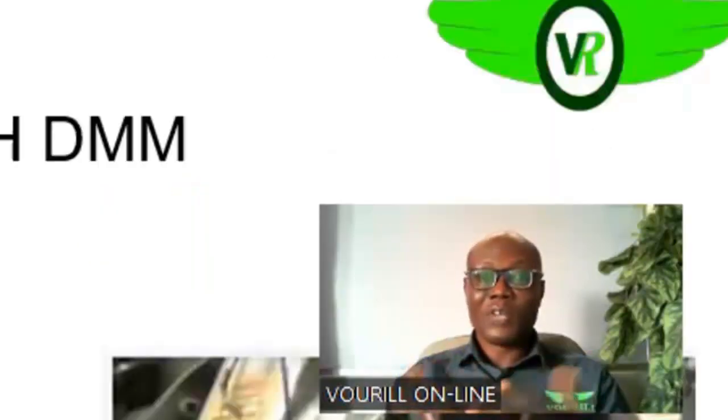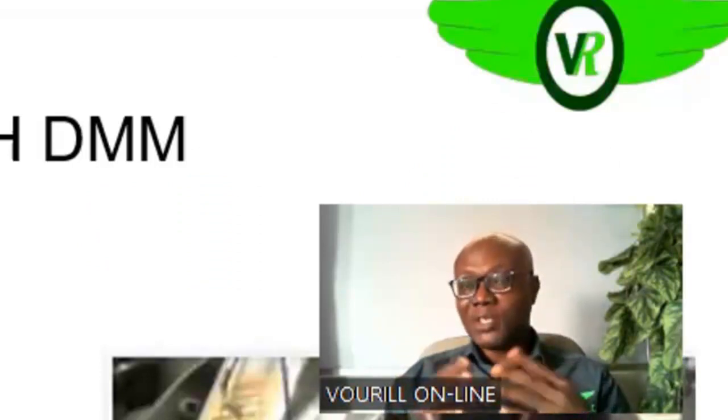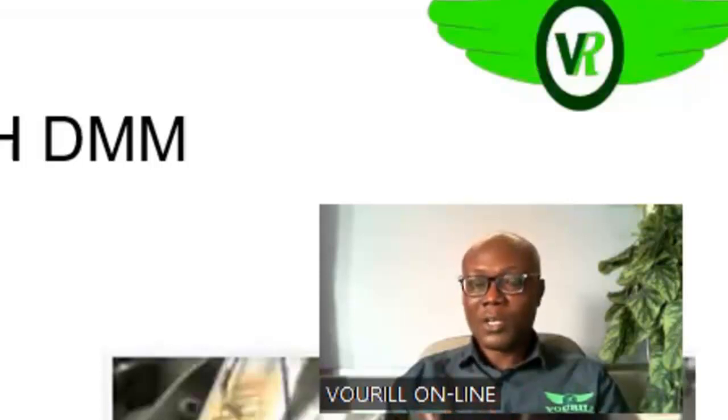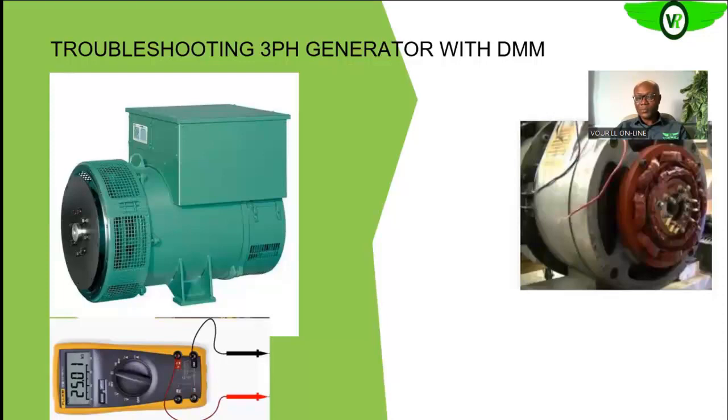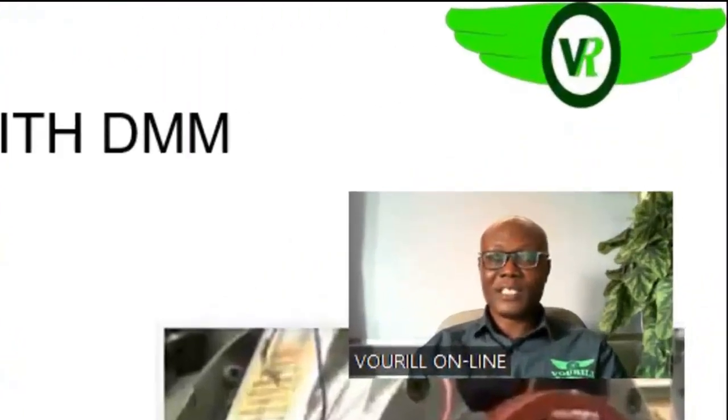Then when we have the armature on the rotor and the field on the stator, that type of generator is referred to as the stationary field generator. But the most common type, especially the lower capacity generators, are the rotating field generators, which means that the armature is always on the stator.